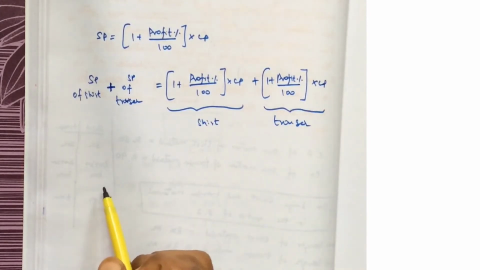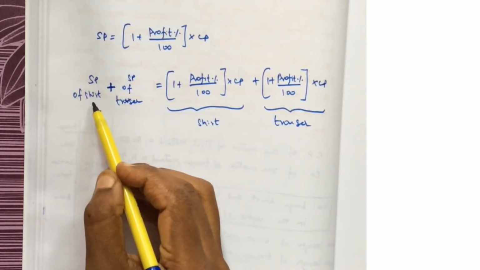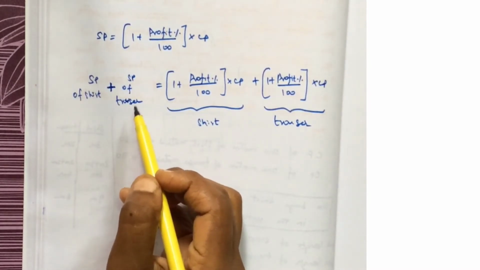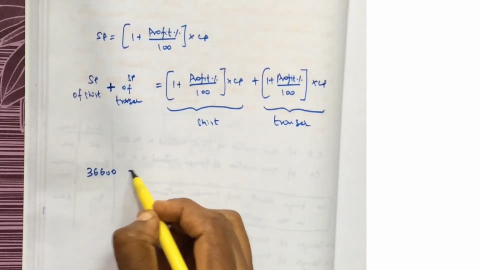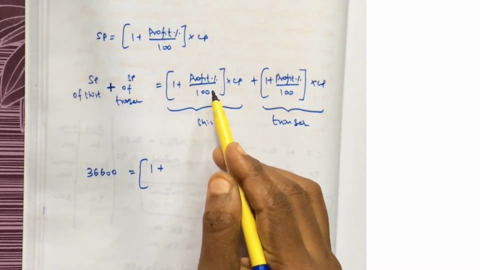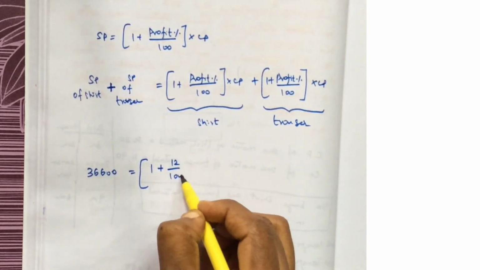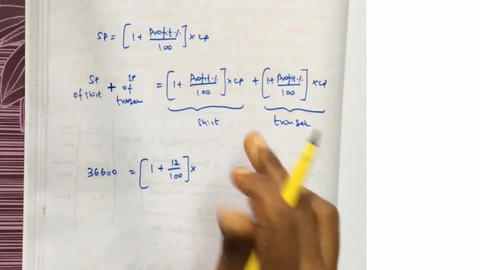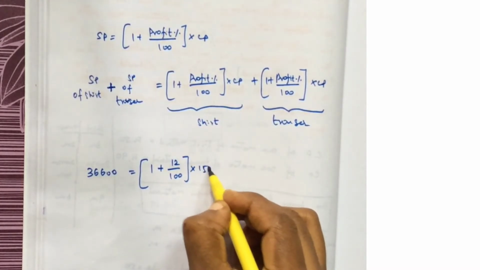Now in the question it is given the total sale is 36,600, that is the selling price of the shirt plus selling price of the trouser together is 36,600. Okay, that is equal to 1 plus, what is the profit percentage of shirt, 12 divided by 100 multiplied by, what is the cost price of the shirt, 150x.